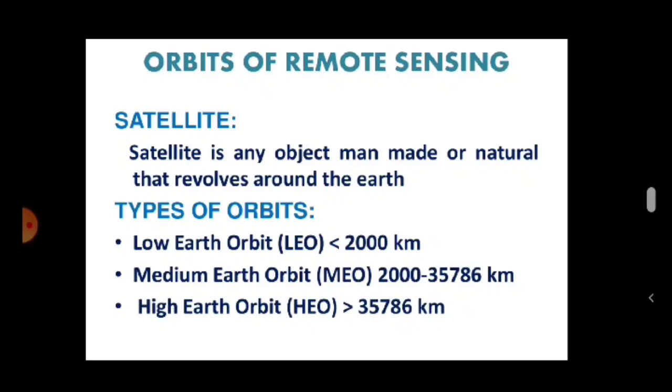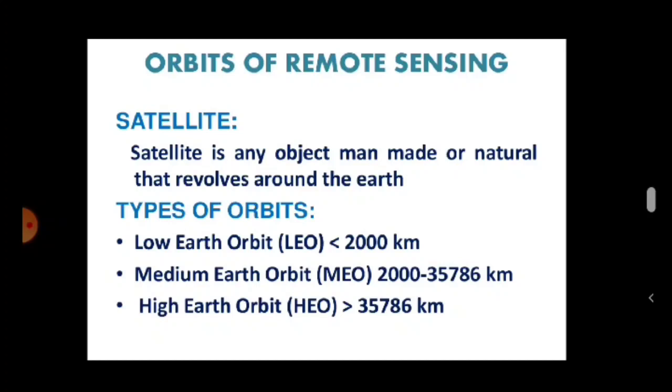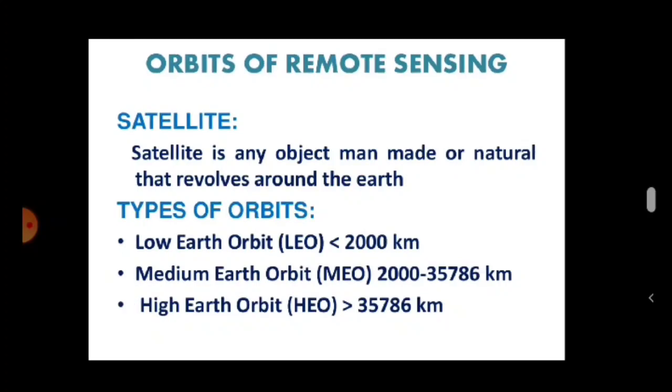The coverage of these satellites mainly depends on the orbit of the satellite, and there are different classifications of orbits according to our purpose. Basically there are three types of orbits: low Earth orbit, medium Earth orbit and high Earth orbit.